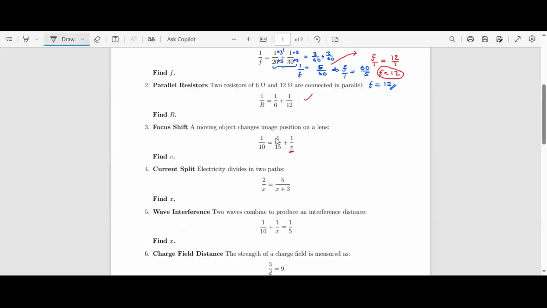So take 1 over 15 to the other side. Now you can see 1 over 15 gets added with 1 over v, so if I take 1 over 15 to the other side, it gets subtracted from 1 over 10. So I have 1 over v on this side, 1 over 10 minus 1 over 15.